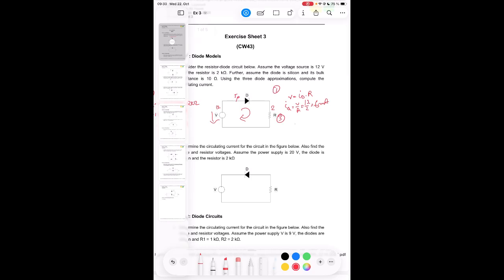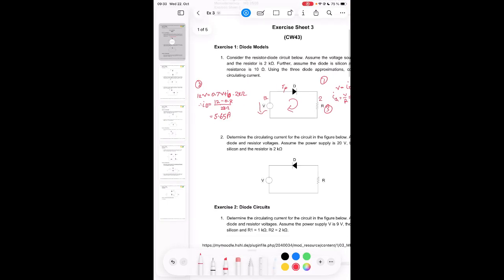Which is equal to 5.62 milliampere. It's even lower, something around 1% between the constant drop voltage model and the piecewise model. And this is how you always work with the diodes.